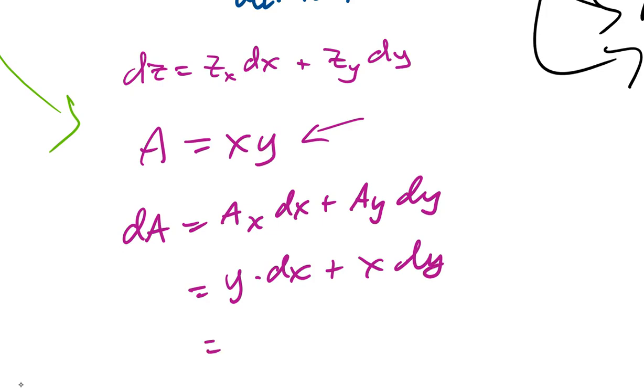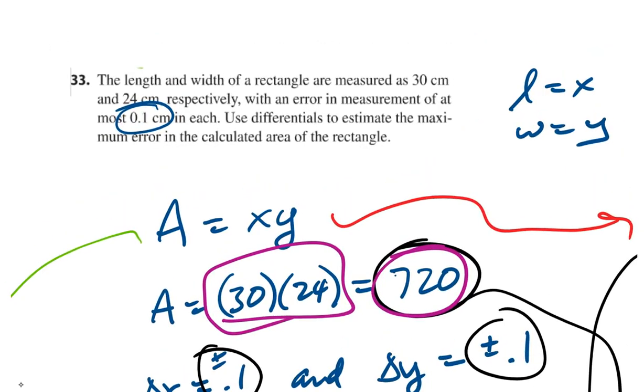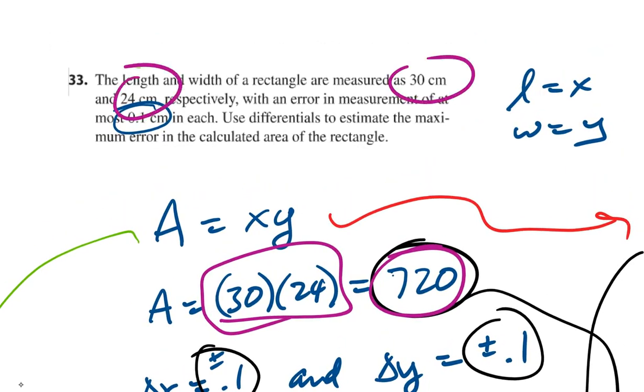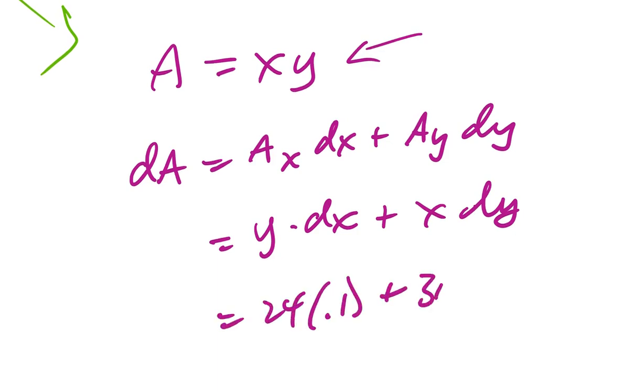So in our model up here, it was 30 and 24 and 0.1. So it's 24 times 0.1 plus 30 times 0.1, which would give us 2.4 plus 3.0, which is 5.4.